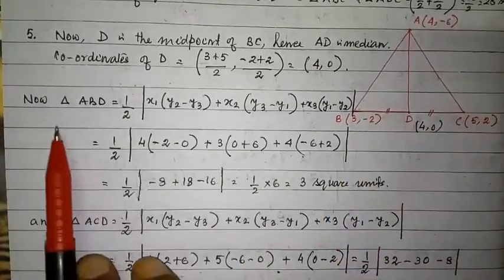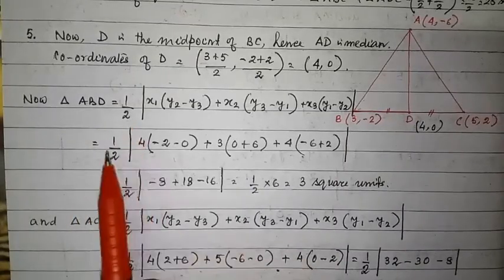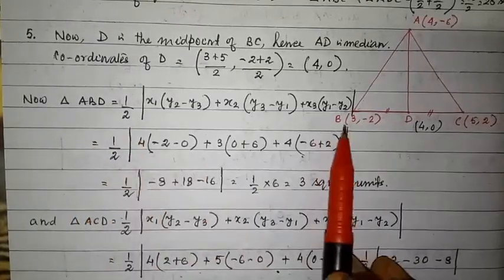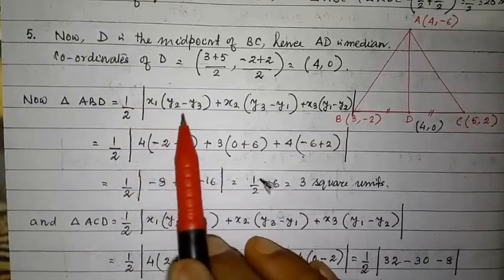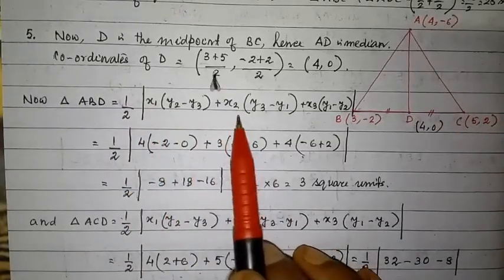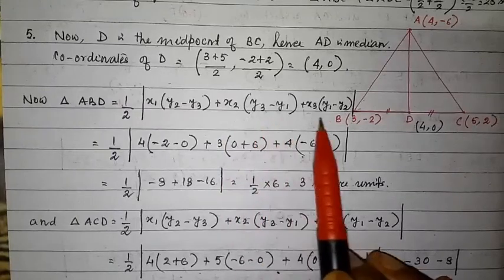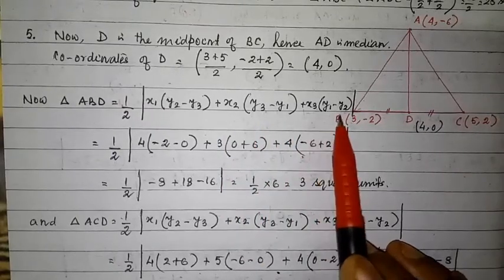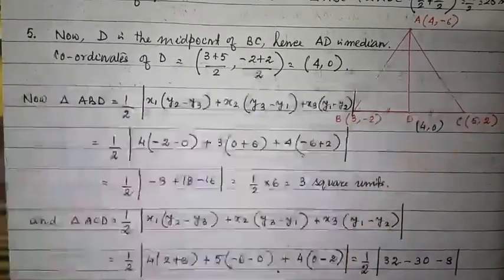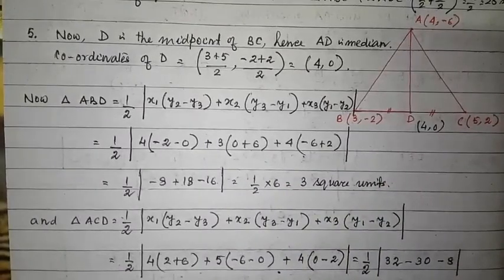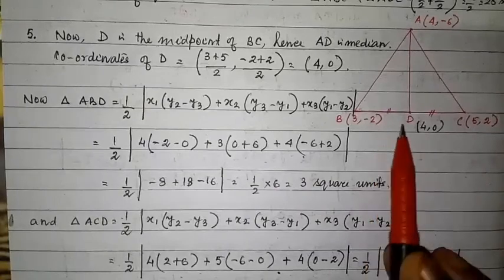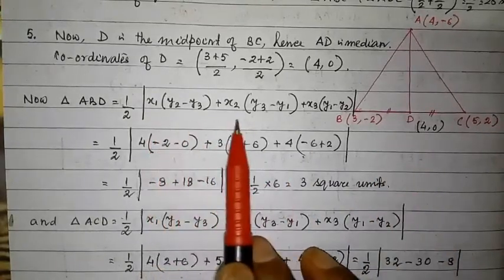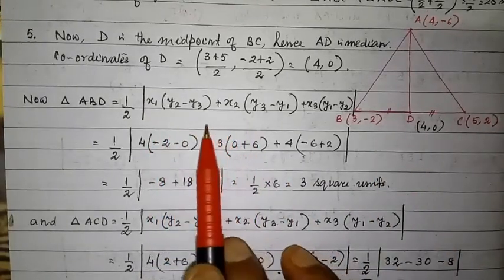Okay. Now area of triangle ABD. First let us write down the formula. There is 1 by 2 modulus x1 (y2 minus y3) plus x2 (y3 minus y1) plus x3 (y1 minus y2). Now let us put down the values of x1, y1, x2, y2, x3, y3.